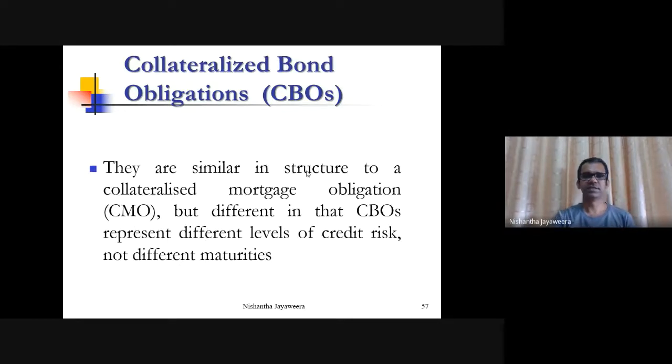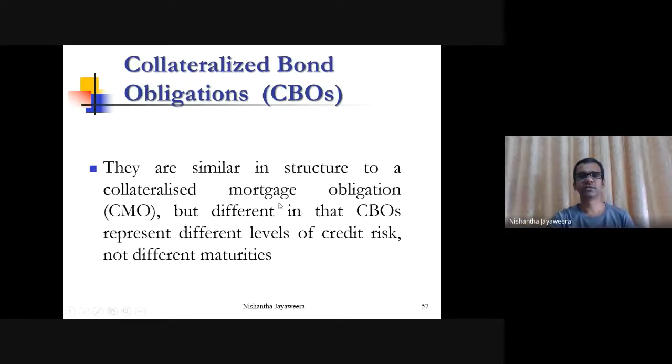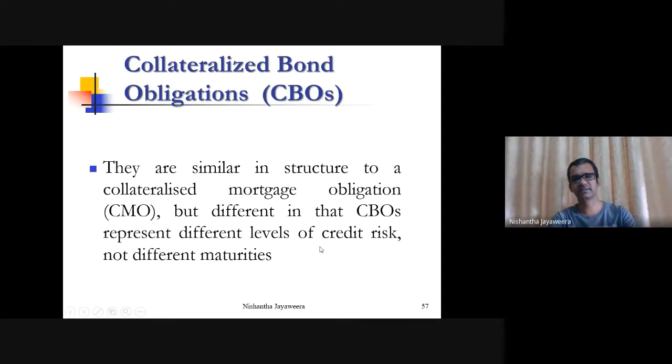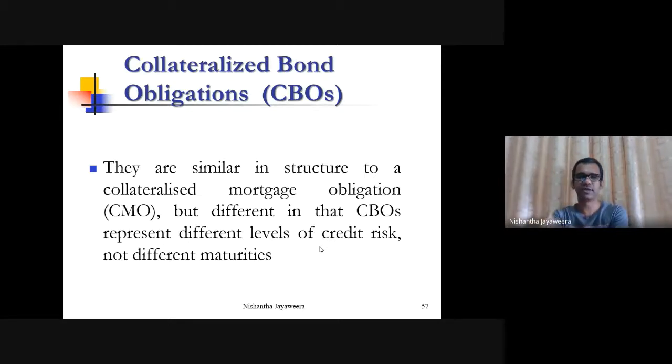In the CMO, we use mortgage obligations to back the issue, so we call it collateralized mortgage obligations. Then the risk is different. The credit risk in credit card collections and in mortgages is different. In a mortgage, there's an asset that you can recover part of, but in credit card collections, it is not.